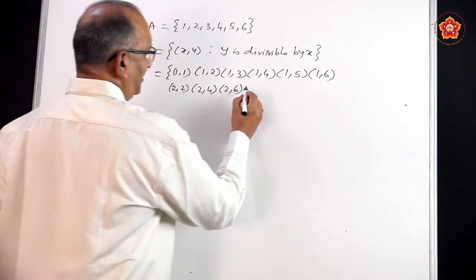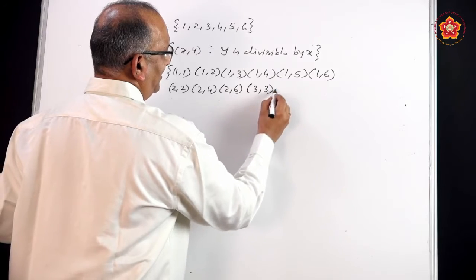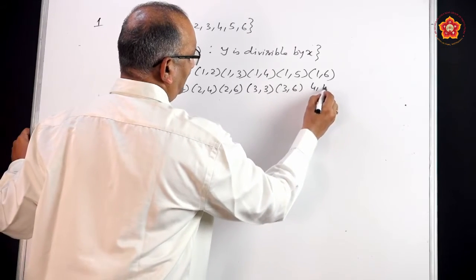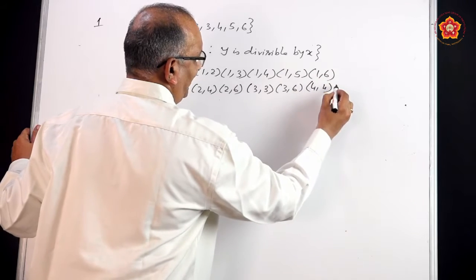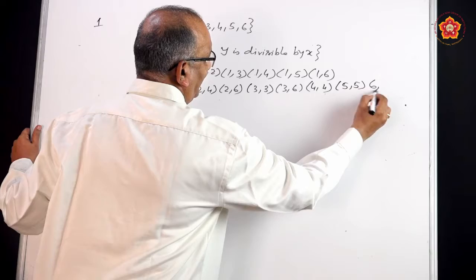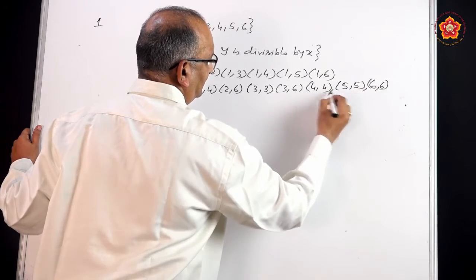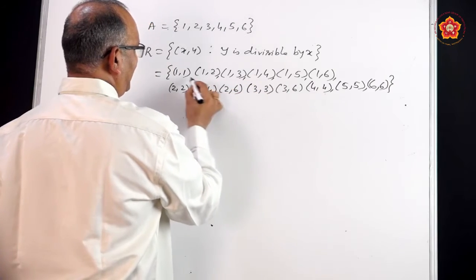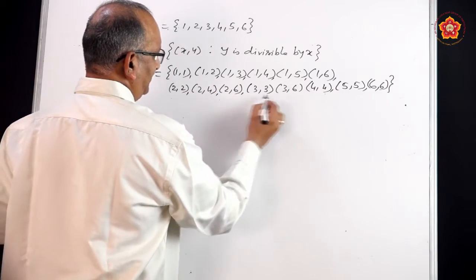Start with 3, 3 divides 3, 3 divides 6. 4 divides 4, 4 does not divide any other number. 5 divides 5, 6 divides 6. So, these are the ordered pairs in this particular relation set.